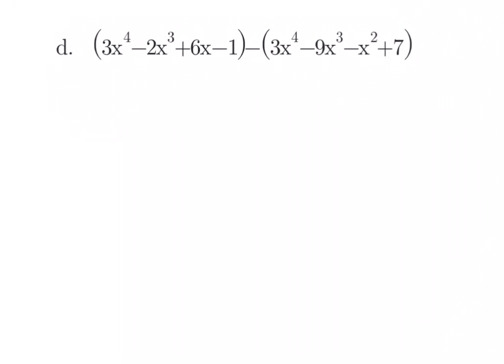So again, I'm going to get rid of my parentheses. So the first set, I can go ahead and just bring down what we have here. Second set, I want to distribute my negative, so I get minus 3x to the fourth plus, we get minus negative 9x cubed becomes plus 9x cubed.